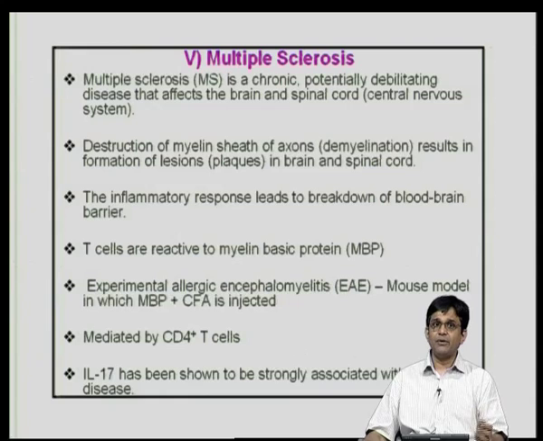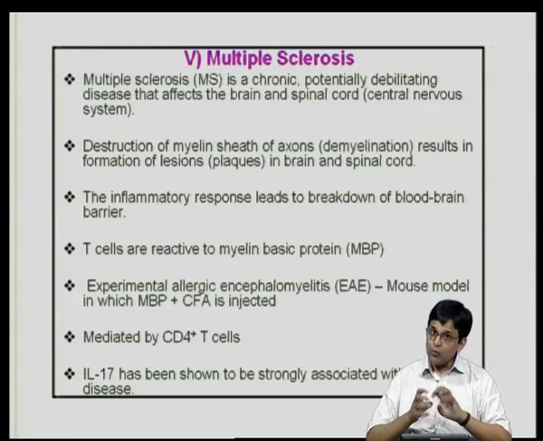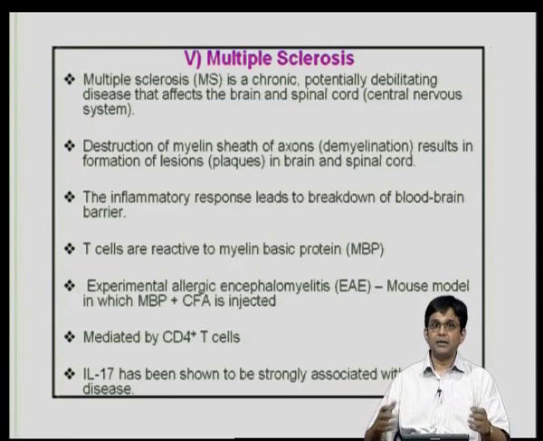Again, this is an inflammatory response. The T cells are reactive to myelin basic protein. In fact, in the model that we have often discussed, EAE, the experimental allergic encephalomyelitis, myelin basic protein is mixed along with CFA to generate the disease.